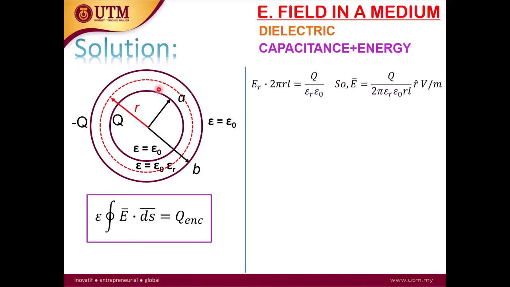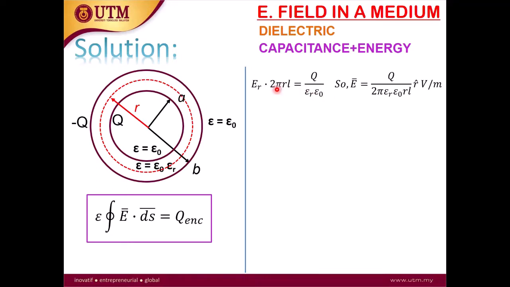For a long coaxial, we know that the surface area dS is equal to 2 pi rL for the left hand side. Since we have epsilon at the left hand side, we bring the epsilon to the right hand side, so it becomes Q divided by epsilon r epsilon naught.